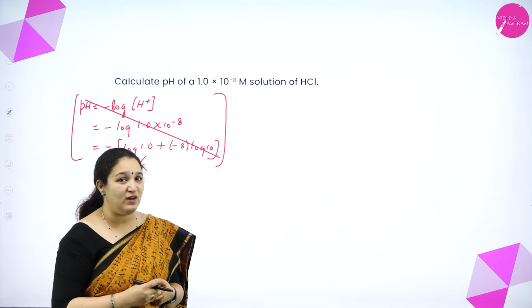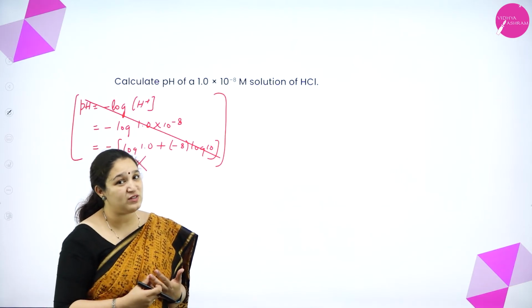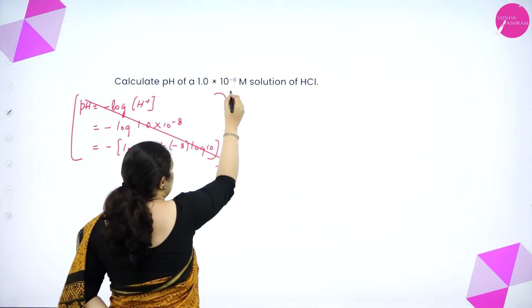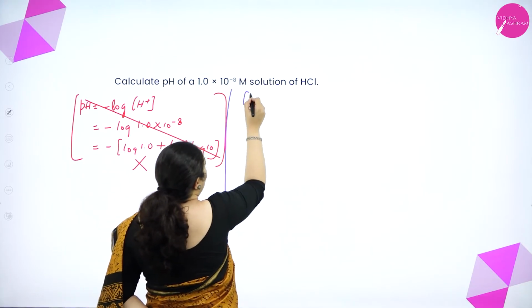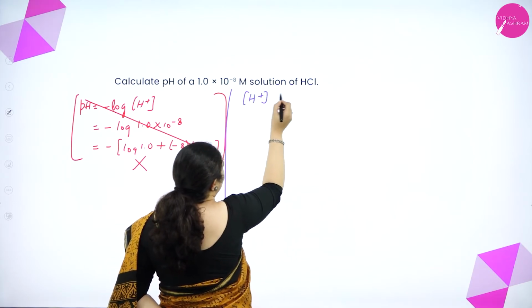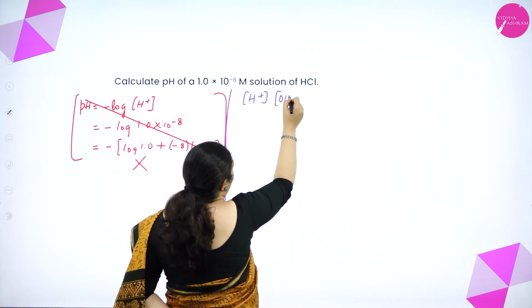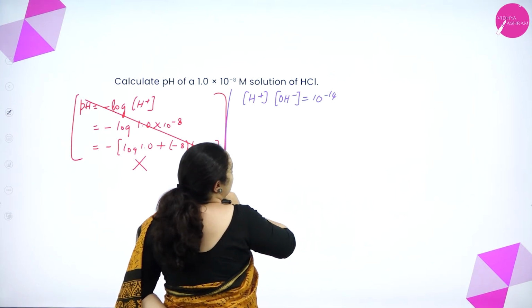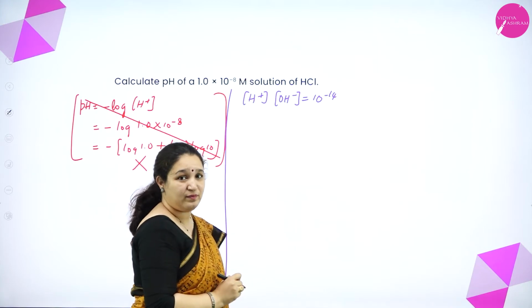So shall we solve? We'll look into how to solve this problem. I will solve this way. You can just have a look. H plus ion concentration into OH minus ion concentration is equal to 10 to the power minus 14 in water, correct?